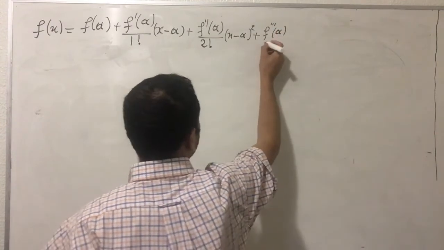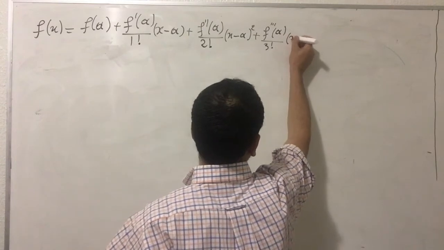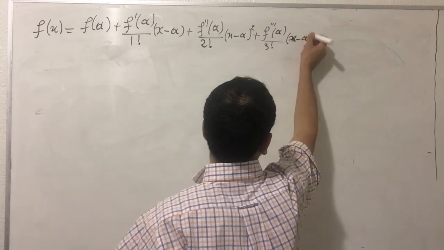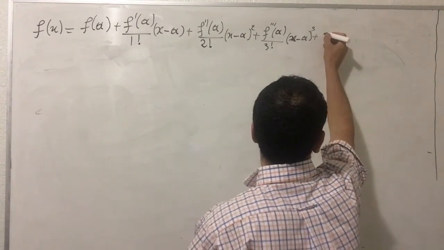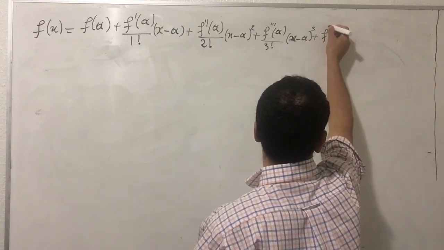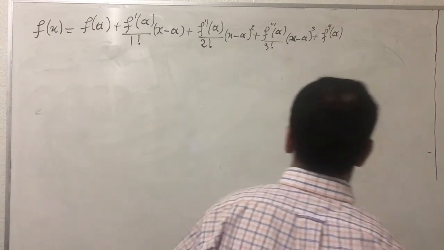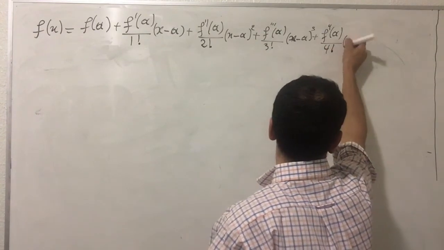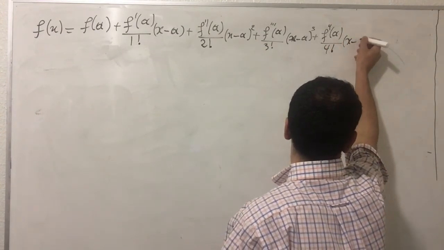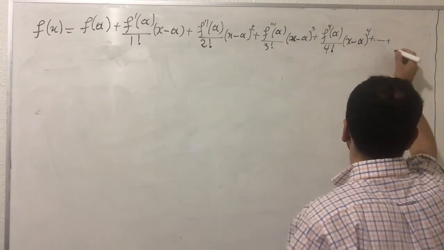okay, at the point a over 3 factorial multiplied by x minus a cubed plus the fourth derivative of the function f at the point a over 4 factorial multiplied by x minus a to the fourth, until you get the last term, okay?